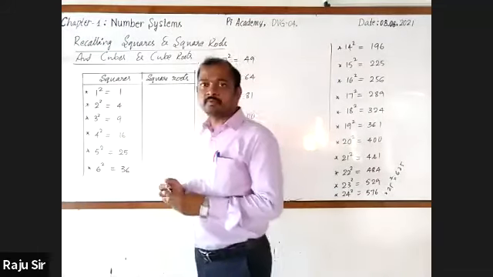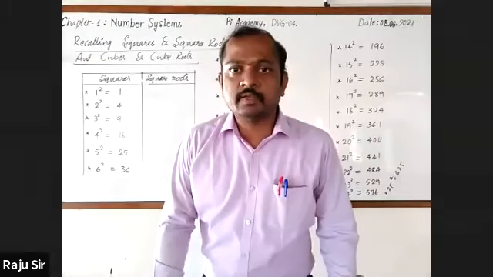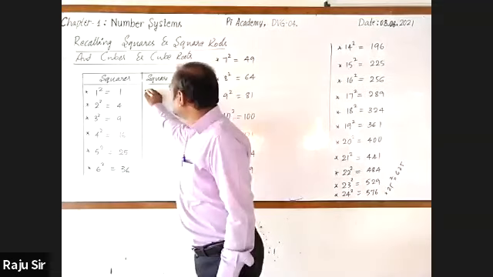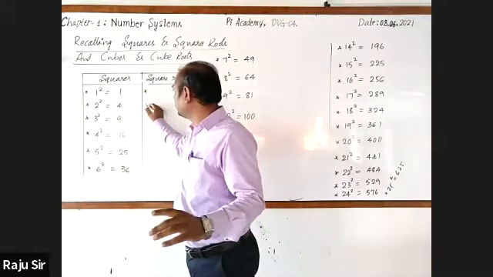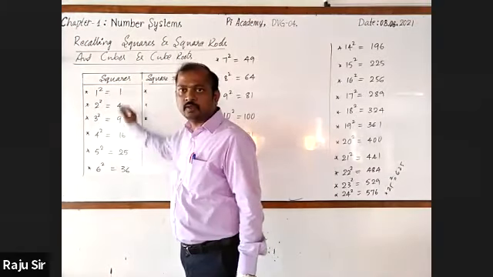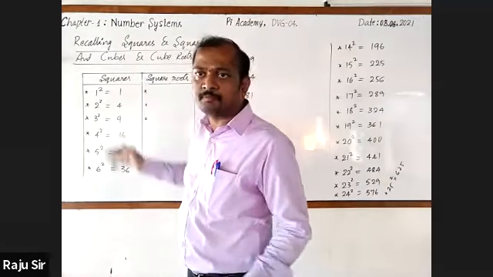In the second column, see that. Samarth MV, stop writing. Observe the board. Just observe. Here, square root. Look at the board. Don't go for writing. Here, these are the perfect squares, the left-hand side column. They are all perfect squares.